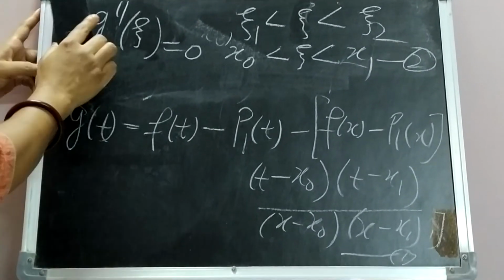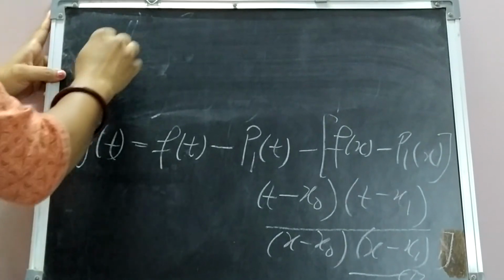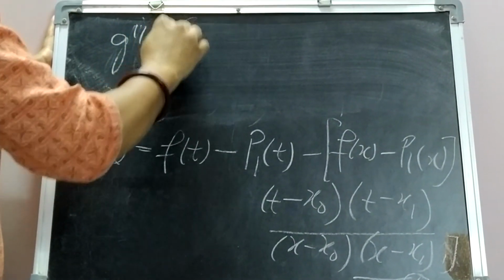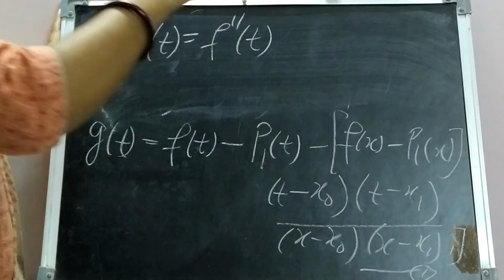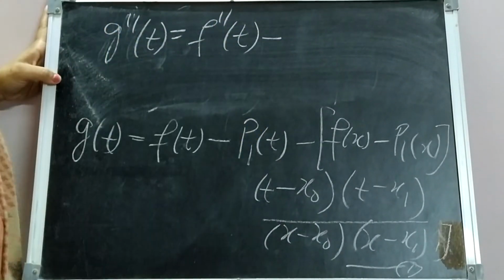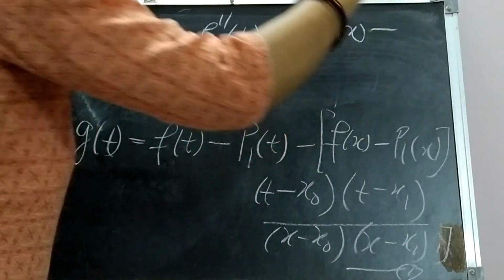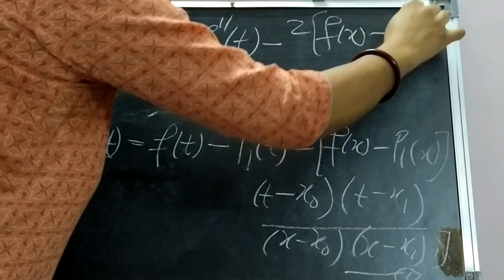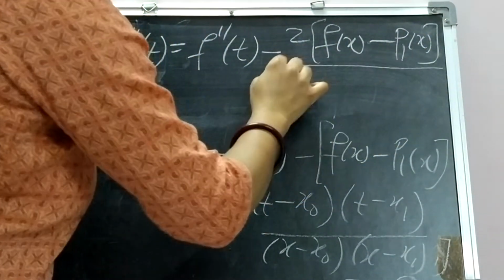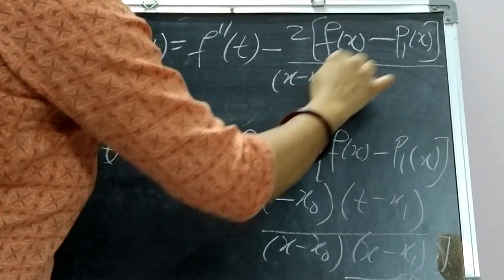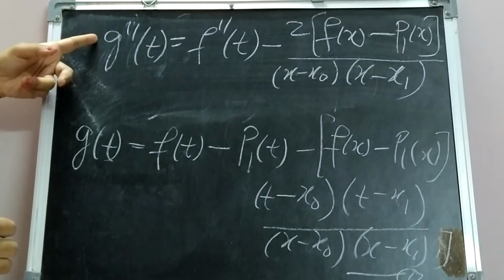Now see what we will get. After differentiating this twice, g''(t) will be equal to f''(t) minus 2 into (f(x) minus p1(x)), divided by (x minus x0)(x minus x1). So this we are going to get.